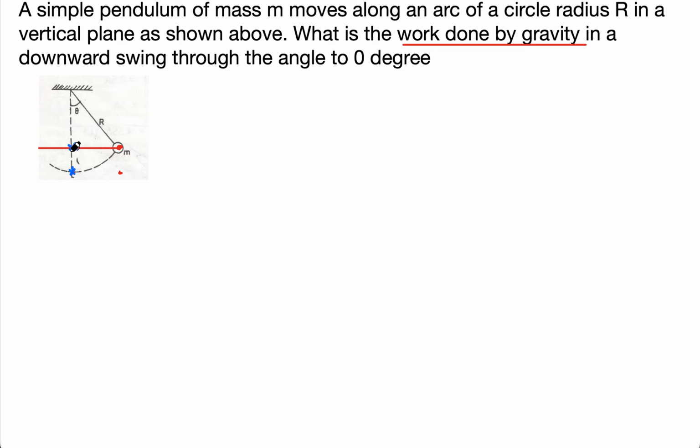If you know the height of this point, and you know the force, which is the force of gravity, the weight of this mass, mass times g, then that force times this distance from here to here, which I will call small letter d, gives you the work done by gravity.